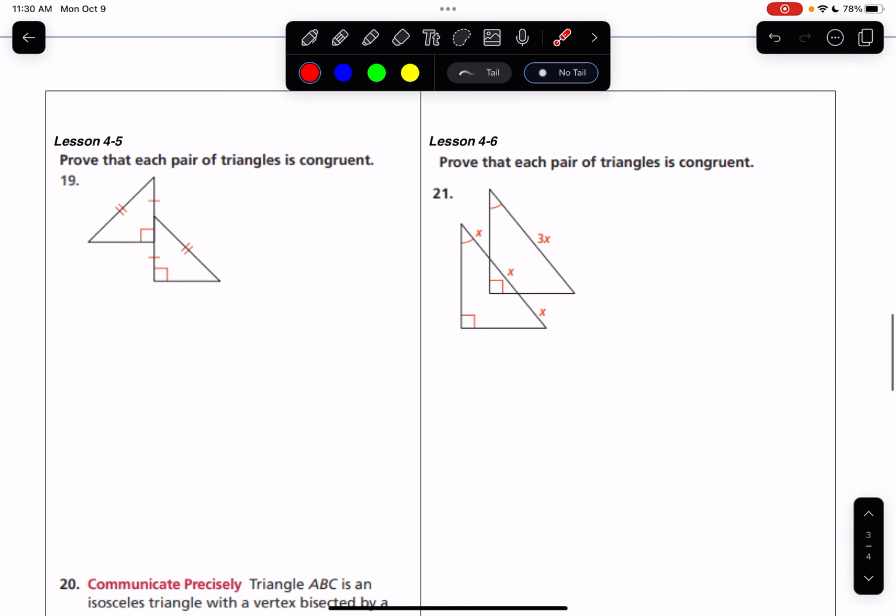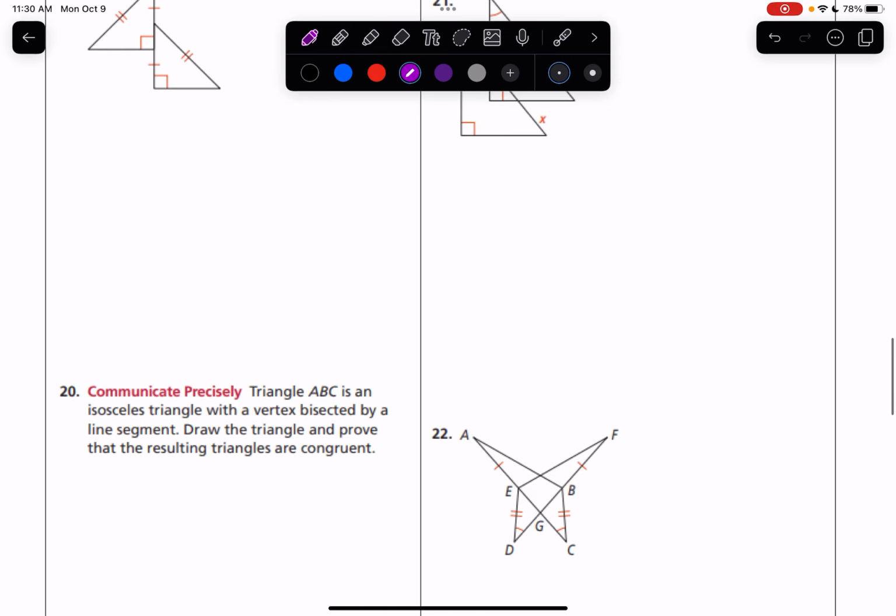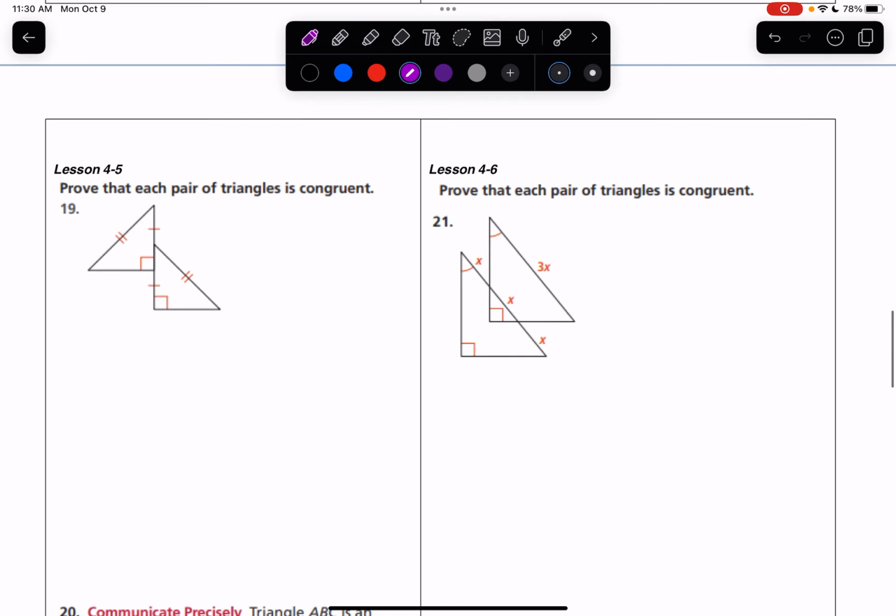4-5, prove that each pair of triangles is congruent. So here is a pair of triangles, and I don't have any actual letters here, so I don't really think I can compare based on the letters. But I do know that this middle segment is going to be congruent to itself.